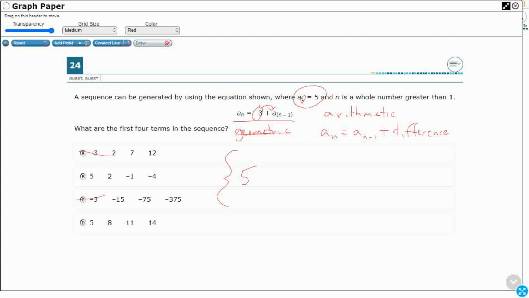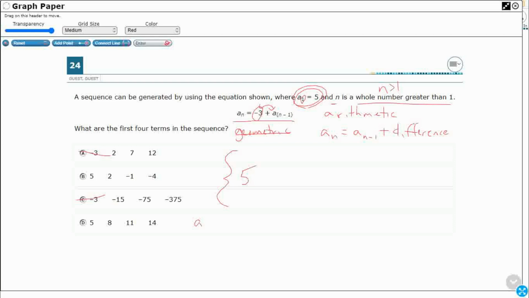And then after that, n has to be whole numbers greater than 1, so we're not dealing with 1.5 or 1.6. They're just the first term, second term, third term, fourth term, fifth term, whole numbers greater than 1, simply because we already know what the first term is. That first term is equal to 5. So once we have that, the rest kind of solves itself.